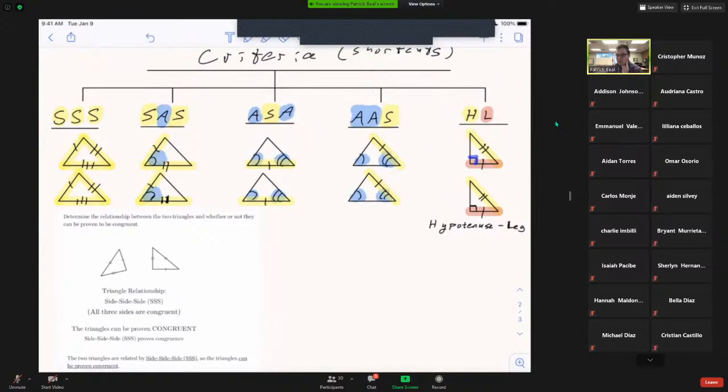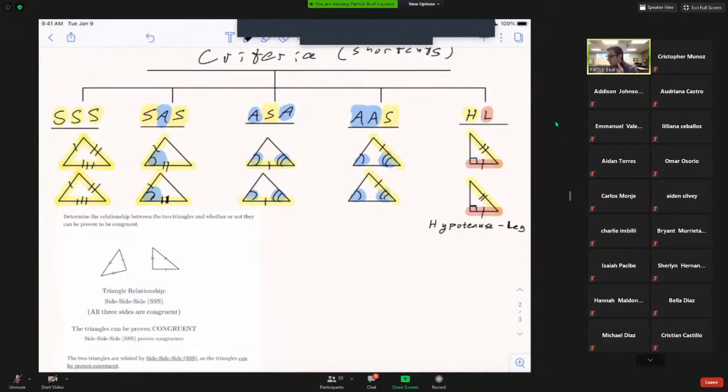What's this? What does this mean? This little square symbol. Yeah, 90 degrees, exactly.